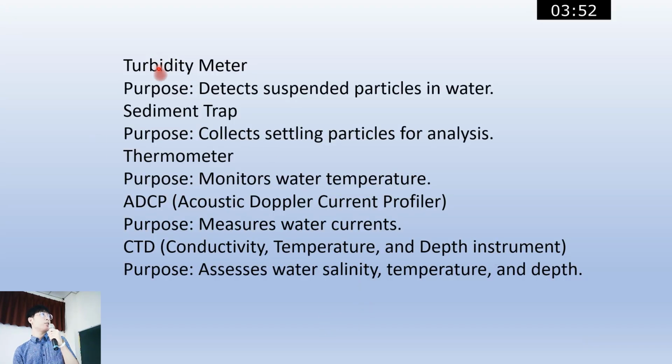A turbidity meter can detect suspended particles in water, and the sediment trap can collect settling particles for analysis. The thermometer can monitor the water temperature, ADCP can measure water currents, and CTD can assess water salinity, temperature, and depth.